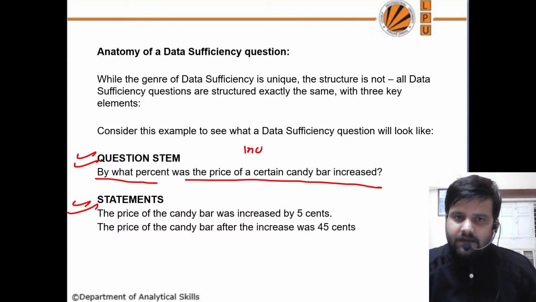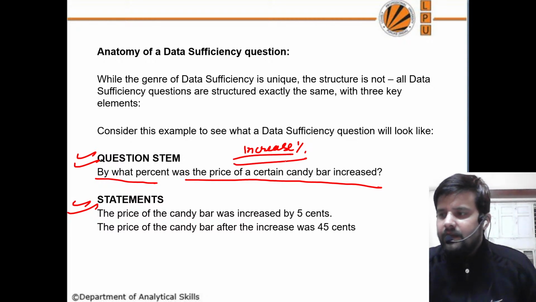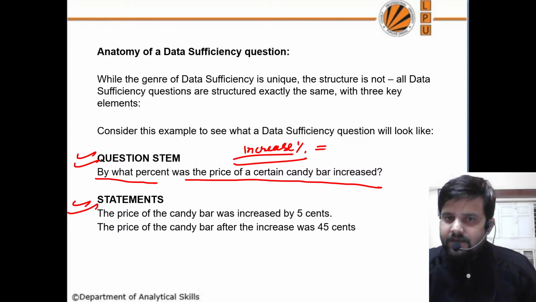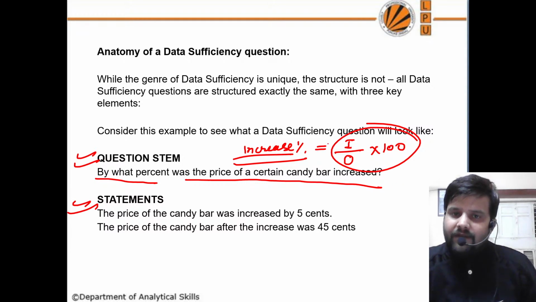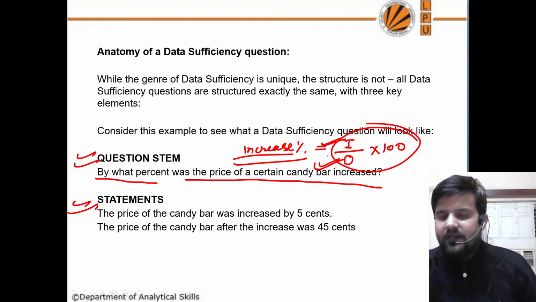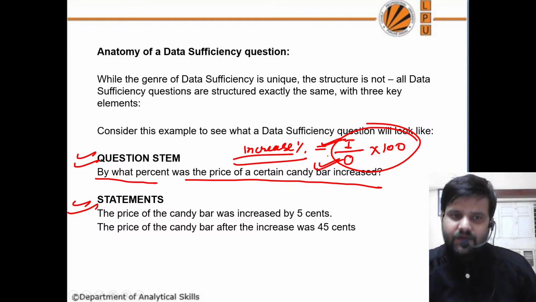So actually the question is asking the increase percent in the price. If you know the basics of percentage, for increase percent, the formula is increase in absolute terms divided by old value multiplied by 100. Getting my point? So if you have the increase in absolute value and the older value, whatever the price was earlier, and multiply by 100, you can get the increase percent.